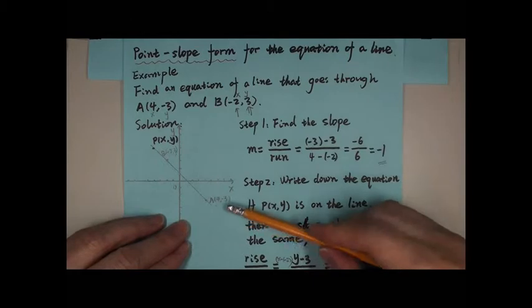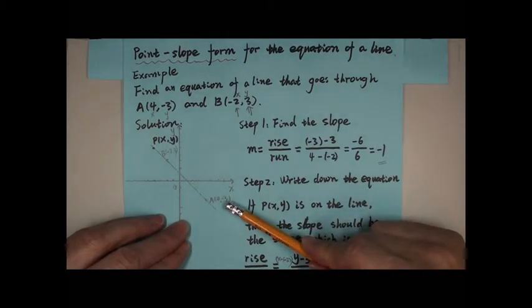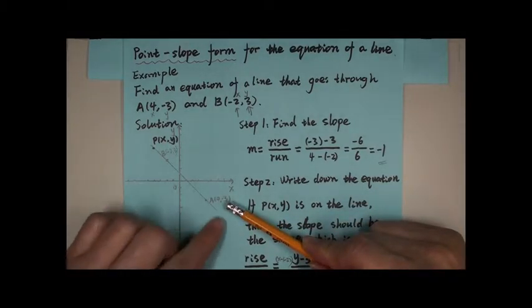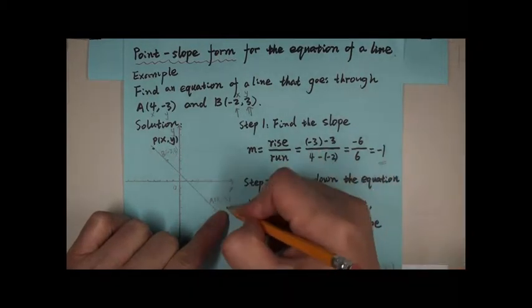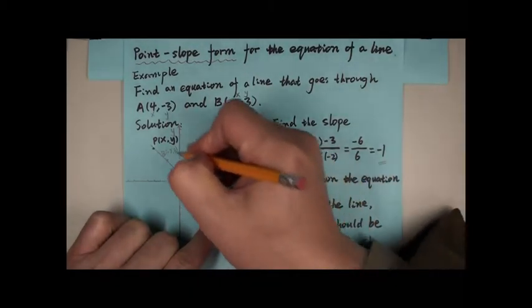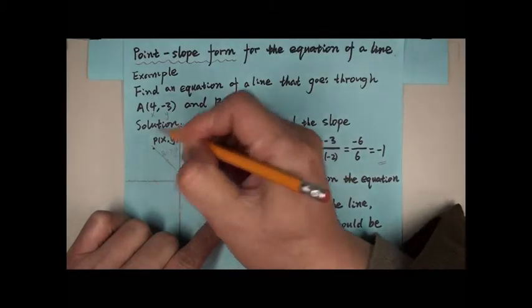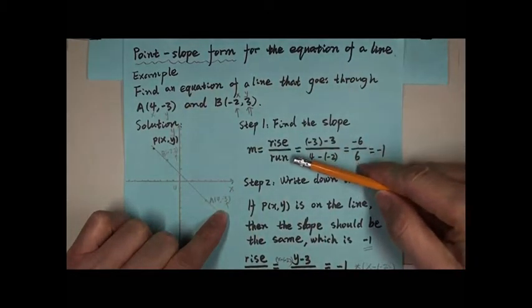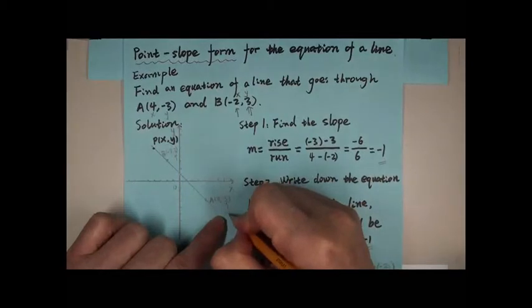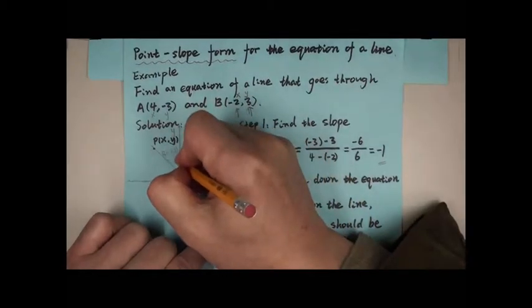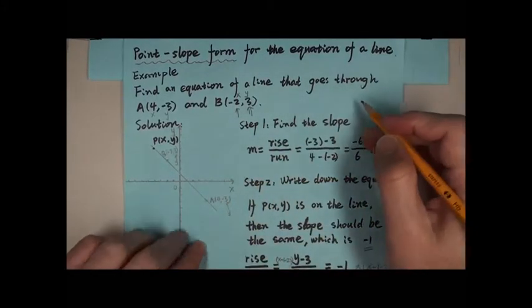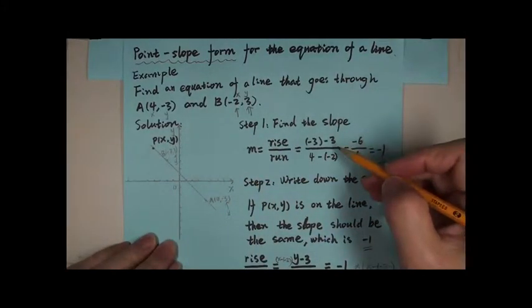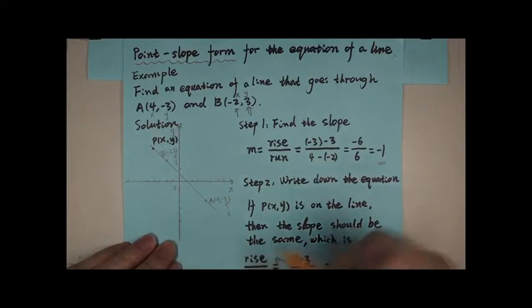So rise over run. Rise is the difference of y: -3 minus 3. That's rise, that's y. And then run is the difference of x.